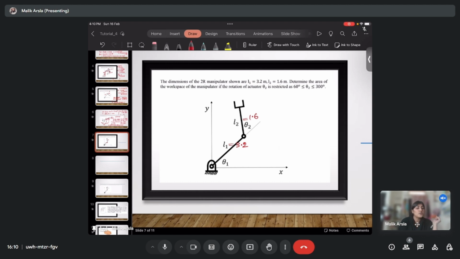Now we have to determine the area of workspace of the manipulator if the rotation of actuator theta 2 is restricted, so that theta 2 can only go from 60 degree to 300 degree. Can anyone tell me how we do this question?